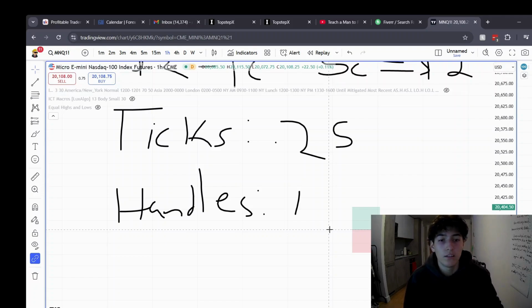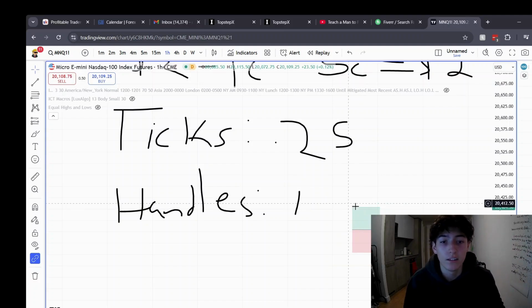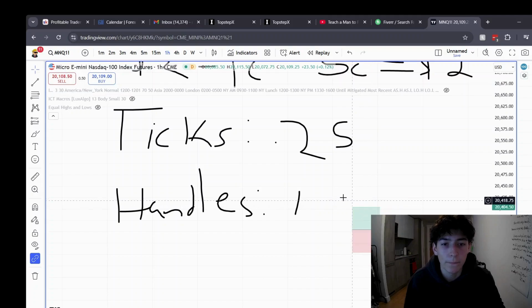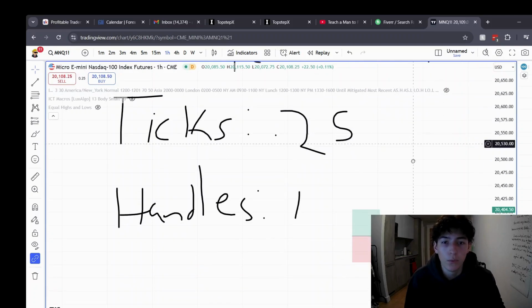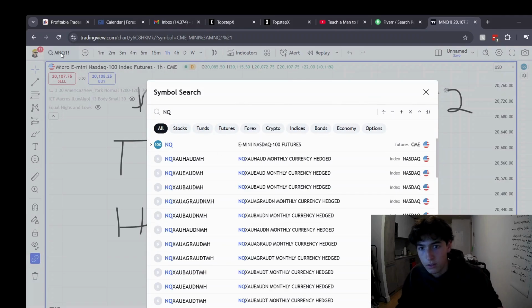That means that if it hits your take profit of 50, you'll make $500, because 5 contracts times 2, the worth of each contract, is $10, and then 10 times 50 handles or 50 points is $500. And obviously that's the same to the downside. But there's also another ticker, which is NQ.